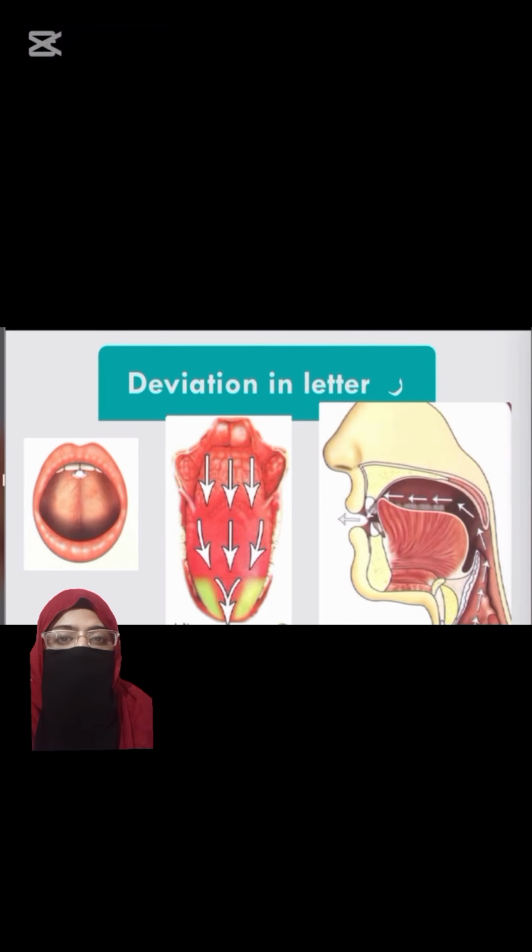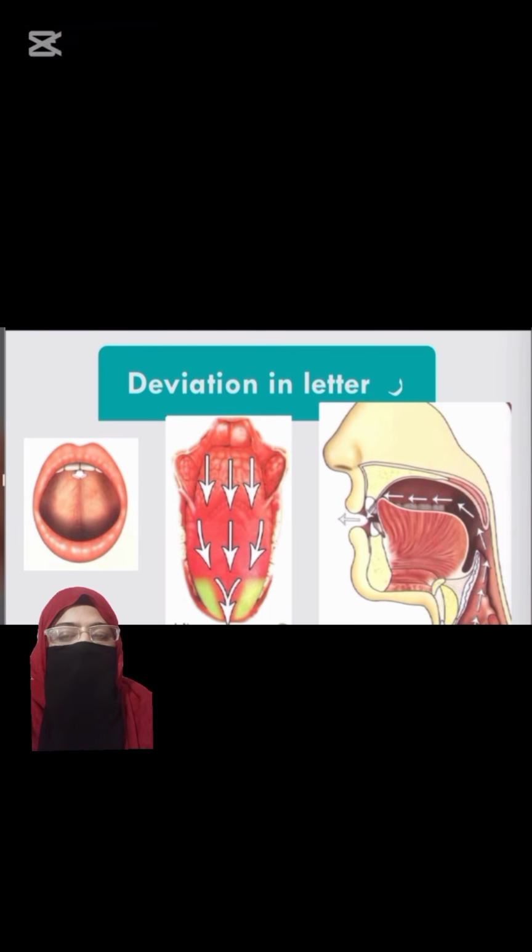When producing Raa, we must be very careful with the tongue position. If you look at the blockage area, you know that the air is produced from this side. There must be the correct opening and movement that allows the sound to flow and pass properly.